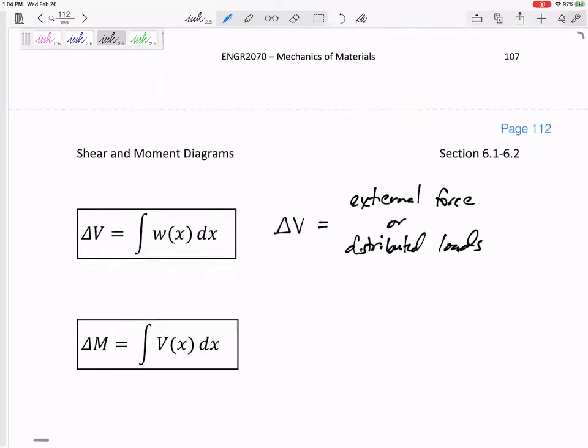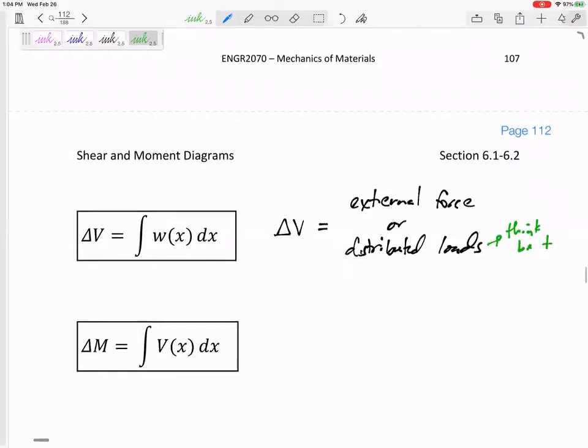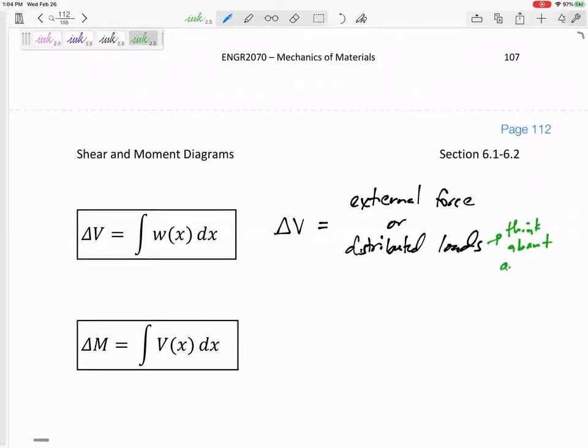So distributed loads, and think about the area under the distributed load.